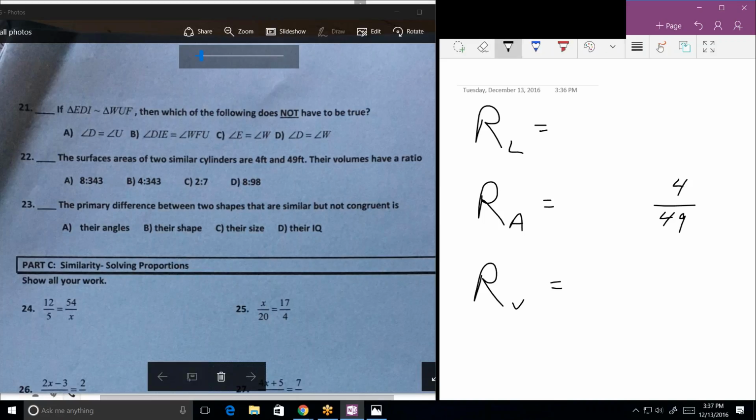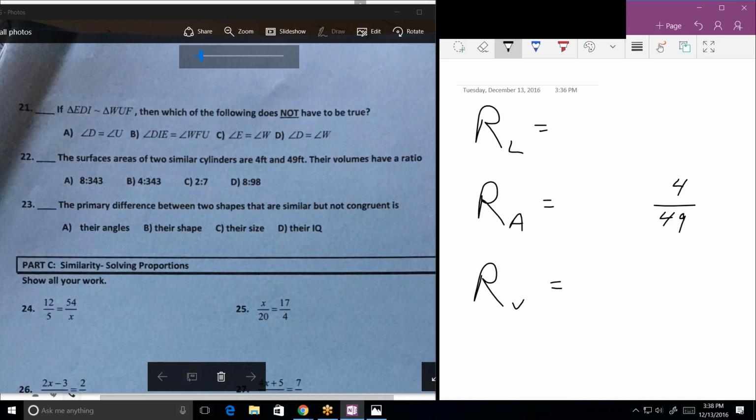So if the area ratio is 4 to 49, how do I get the volume ratio? Square root it. That'd give me the linear ratio. In other words, to go from the area ratio to the volume ratio is not quite so easy.